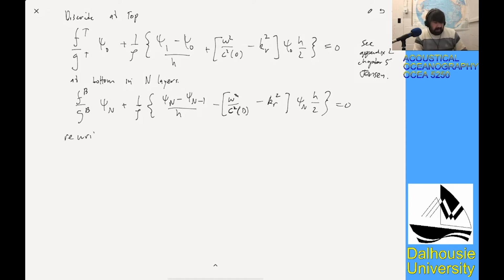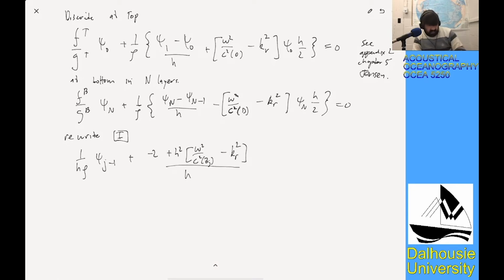We're going to rewrite it by putting together terms for psi j minus 1, psi j plus 1, and psi j, of course. So we're going to have 1 over h rho psi j minus 1, plus minus 2 plus h squared omega squared c squared z_j minus k_r squared over h rho times psi j.